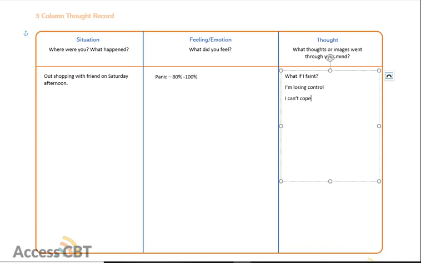Okay, so what we want to do here using this record is just start to understand and train ourselves to understand the relationship between the situation, our thoughts about that situation, and the resulting emotional state. And as I said before, we can use this with all sorts of different emotional problems. But the idea is here, we're just about collecting data, and that's going to help us as we move more in depth into our cognitive behavioural models.